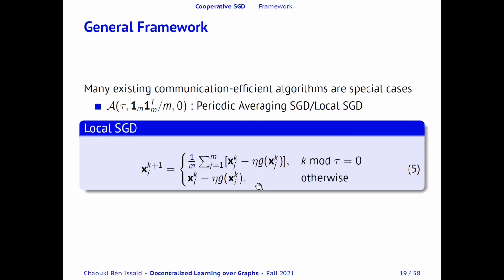Here also it's a parameter server setting, and every local agent or node has a copy x_i that is exchanging with the parameter server every tau iterations.